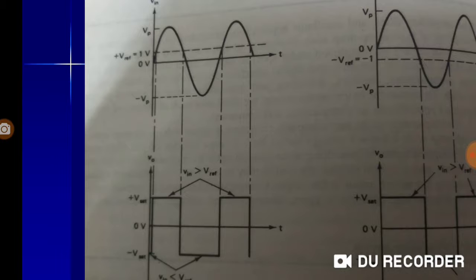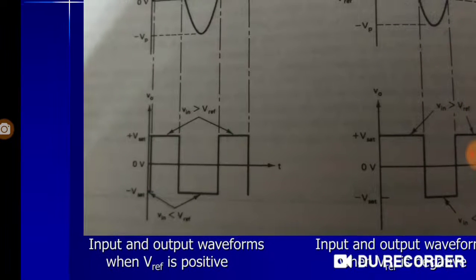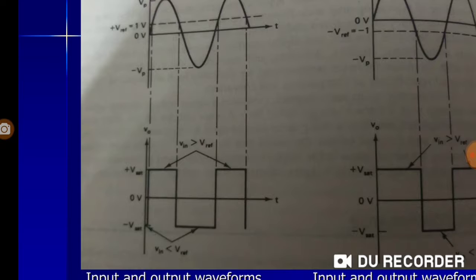Now, for the period when the input crosses the reference voltage, that is, when V input is greater than V reference, only then do we have the value plus Vsat.